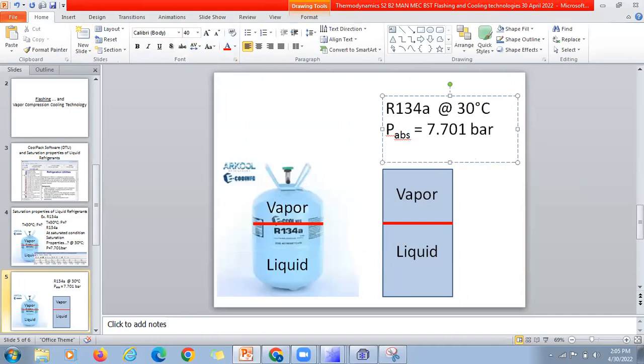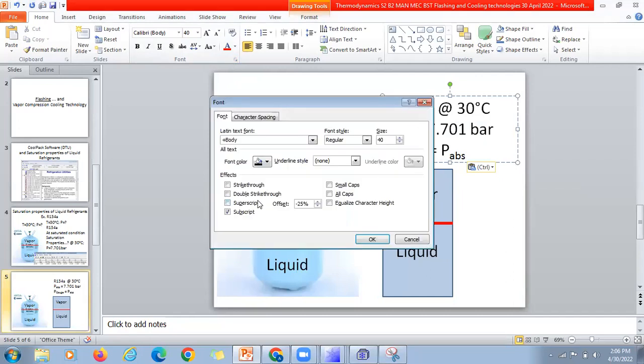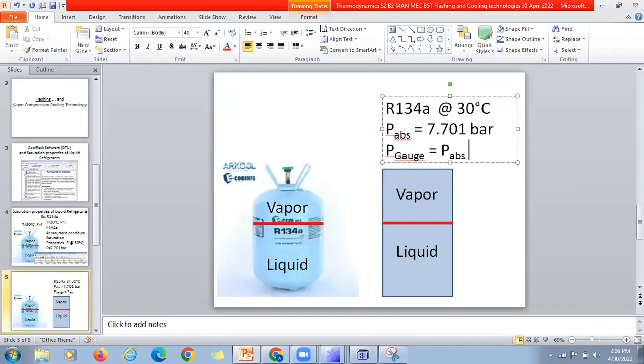Then the gauge pressure: P gauge is P absolute minus P atmospheric. So you may be using this P atmospheric.